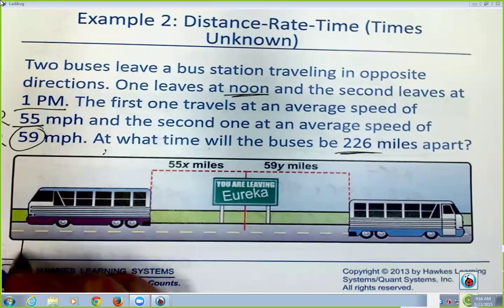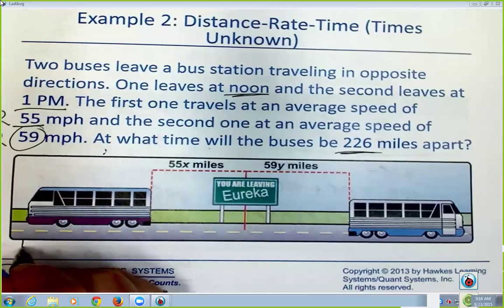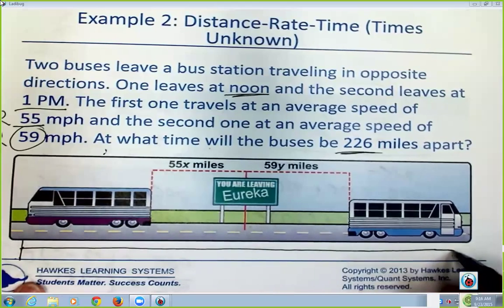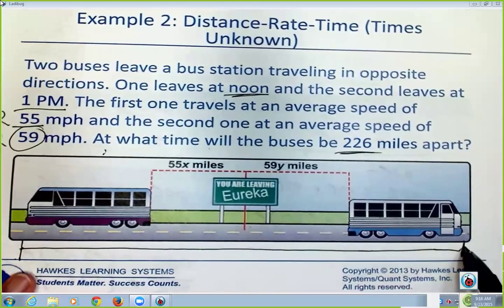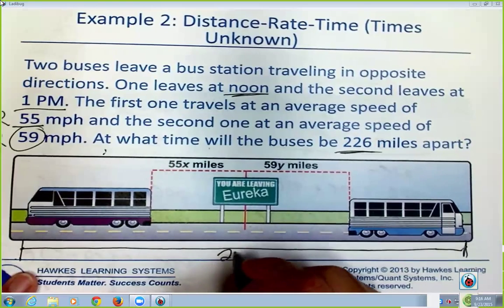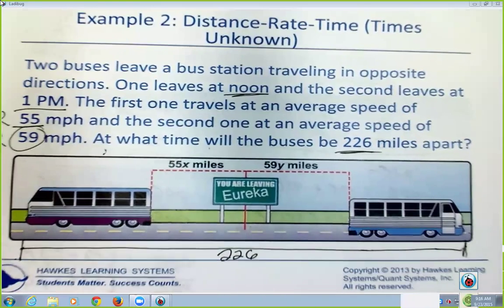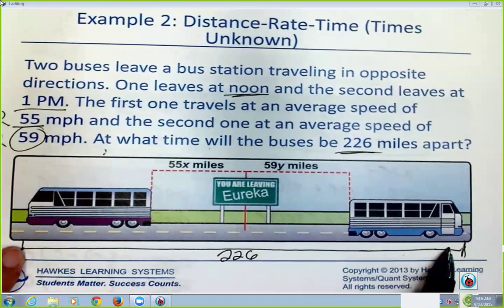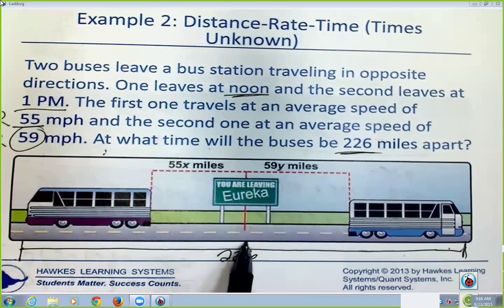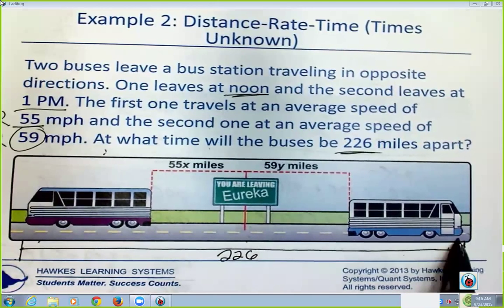Well, that means that this bus gets out here, this bus gets out there, and in between the two, there's 226 miles difference, okay? So one bus travels a certain distance and the other bus travels a certain distance. We good there?